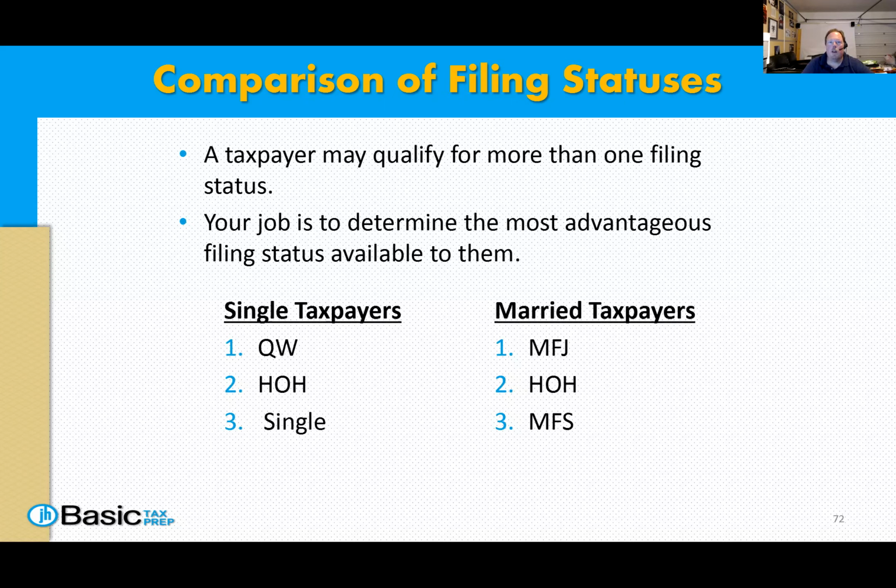Gets them every advantage. They get all the benefits of being married to both of them, even though the one has passed away. So qualifying widow. Head of household is next, if there's anybody in it who can be claimed as head of household. Then single. That's actually the least advantageous if you're single.